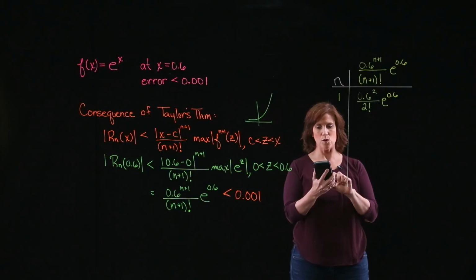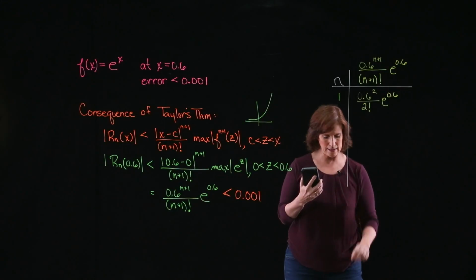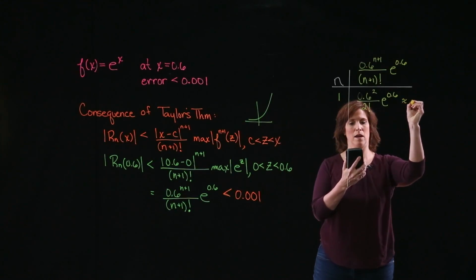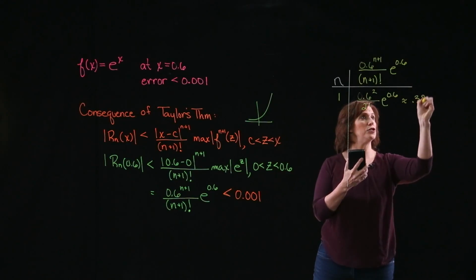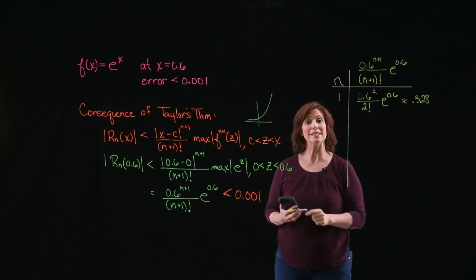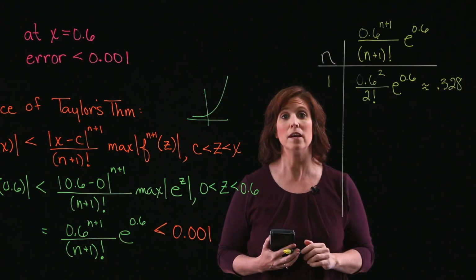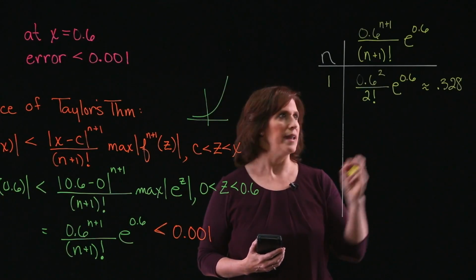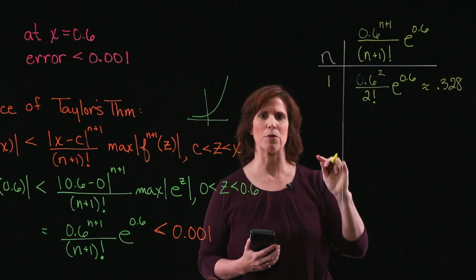So 0.6 squared divided by 2 factorial times e to the 0.6 is going to be approximately 0.328. Now remember, I want that error to be less than 0.001. That's nowhere near 0.001. So I'm going to try another value of n.